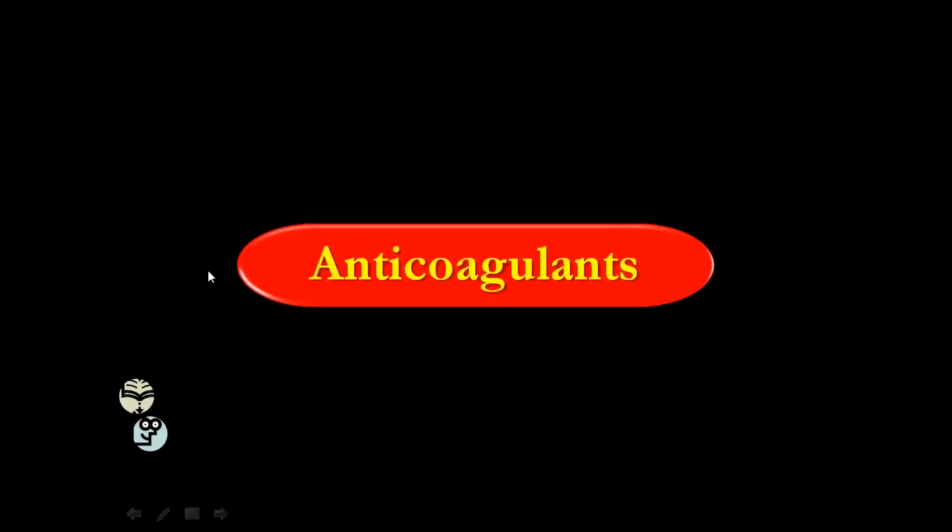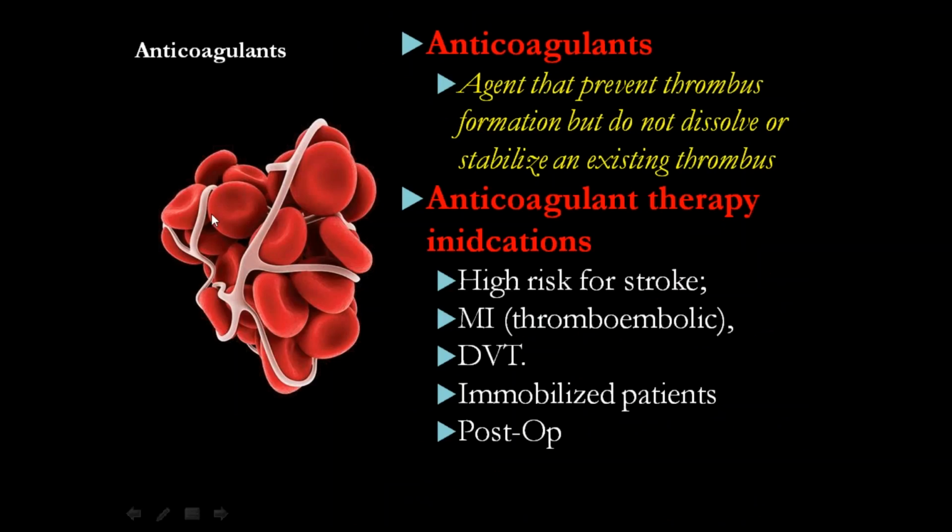Let's go over the anticoagulants. The purpose of anticoagulants: you see the red blood cells with the fibrin here. That is a clot. A clot is fibrin, red blood cells, and platelets, right?